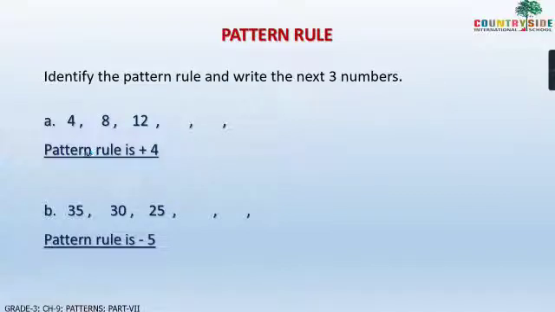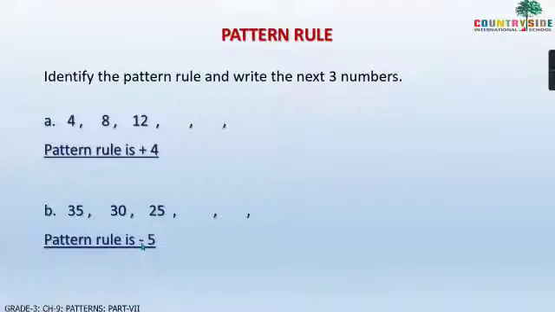If the numbers are in increasing order, you have to write the pattern rule in plus form. And when the numbers are decreasing, then you will write the pattern rule in minus form.